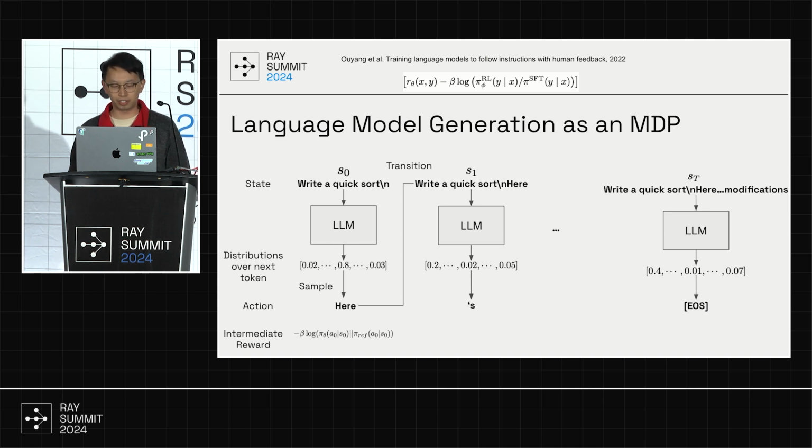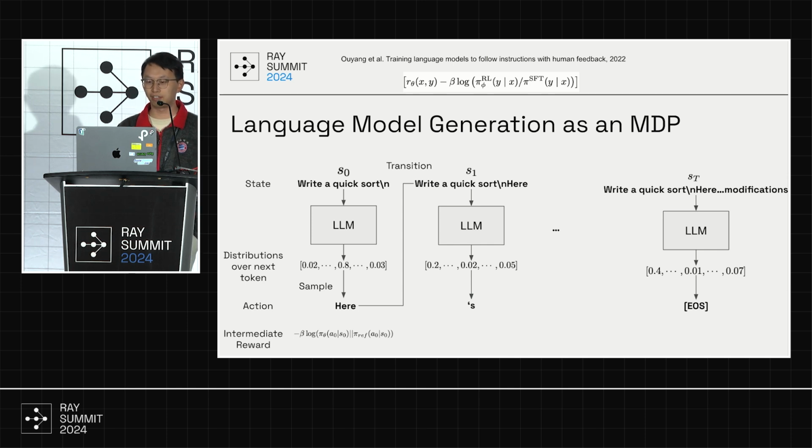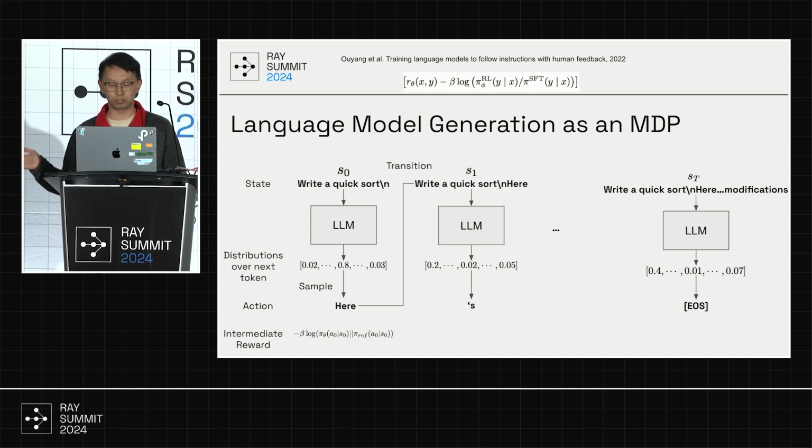For each intermediate state, the intermediate reward is the KL divergence between the current policy, which is the policy used to roll out the trajectory, and the policy from the supervised fine-tuning, which is the policy at the beginning. In order to estimate it by samples, it's minus beta times the log of the probability ratio.